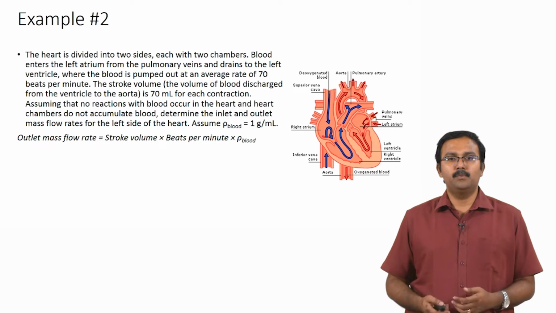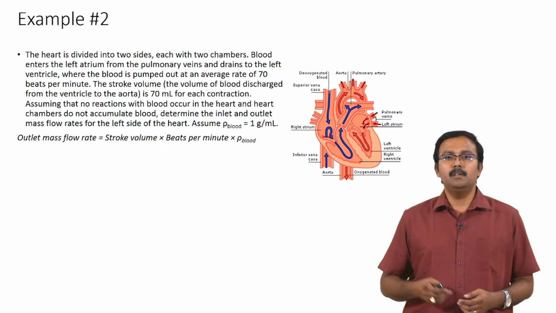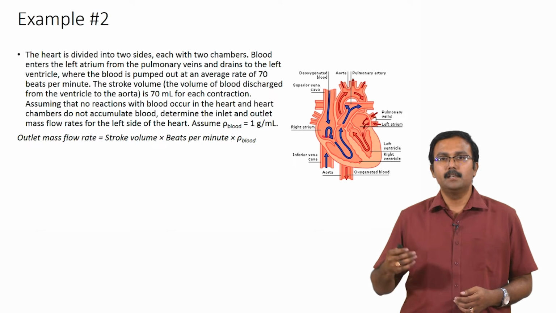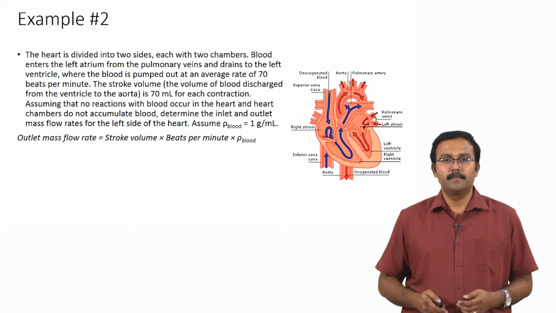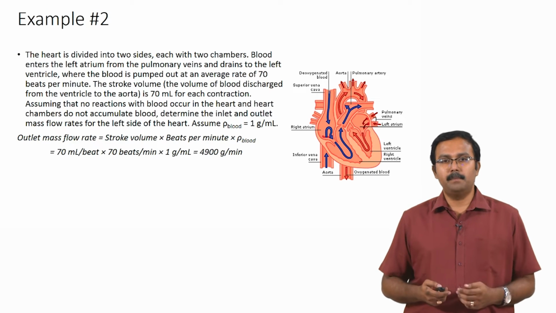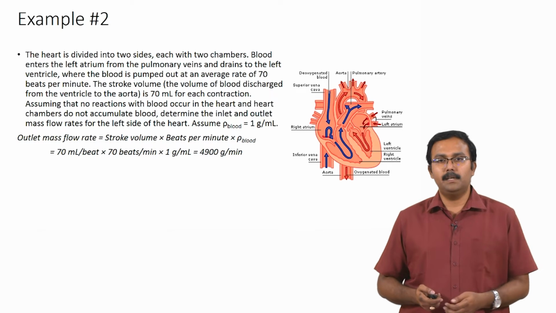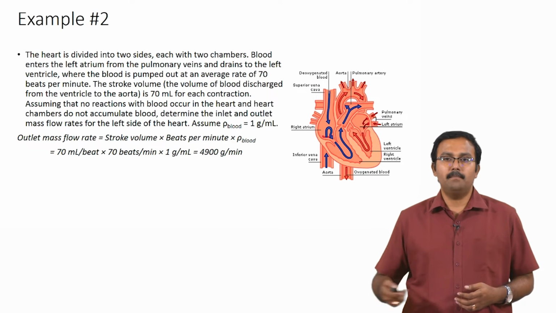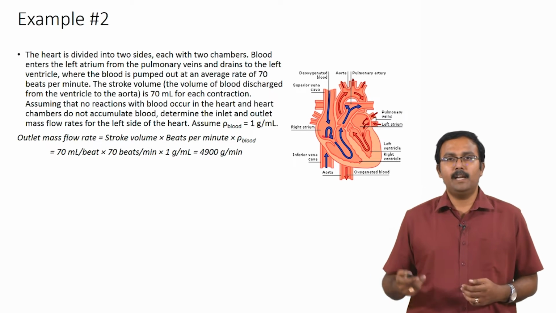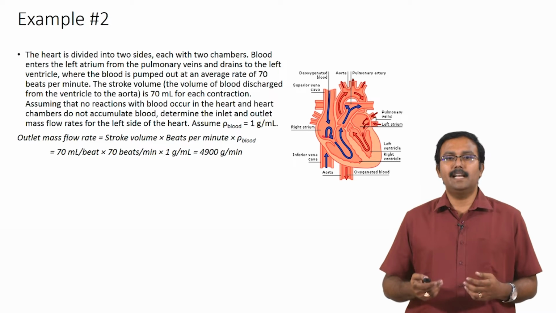So, outlet mass flow rate is equal to stroke volume times beats per minute times density of blood, which is 70 ml per beat times 70 beats per minute times 1 gram per ml, giving you a mass flow rate of 4900 grams per minute.